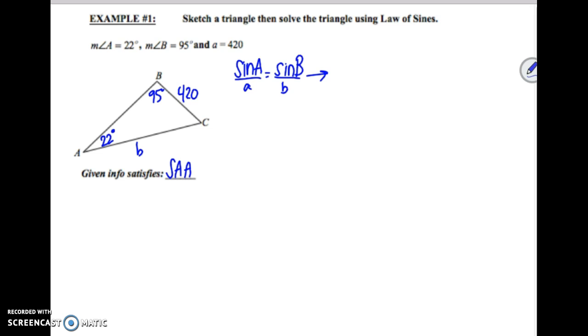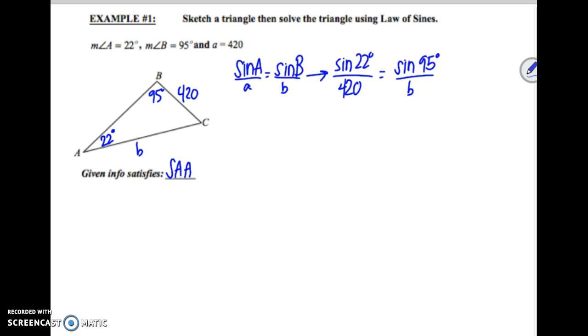Since angle A is equal to 22 degrees, you just write sine of 22 degrees, and since the side length A is 420, we divide that by 420. That is set equal to the sine of angle B, which is 95 degrees, so sine of 95 degrees divided by little b, because we were trying to find little b.